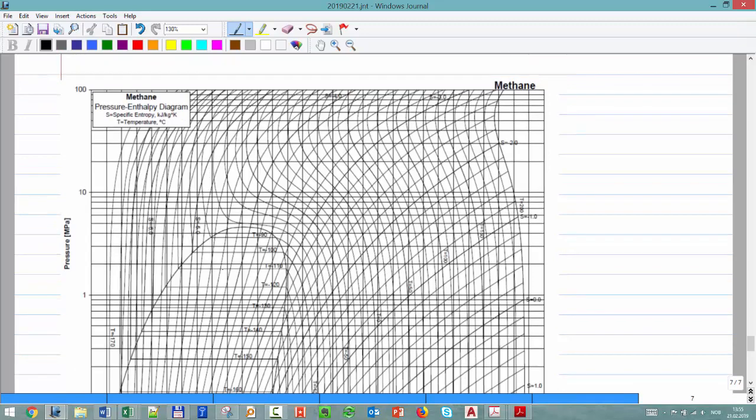But first, you have to be careful. These lines that are going like that are isentropic lines, isentropy lines. The lines that are going in this direction are isotemperature lines. We use another color. Isotemperature lines, isothermal. Okay, that is isothermal.